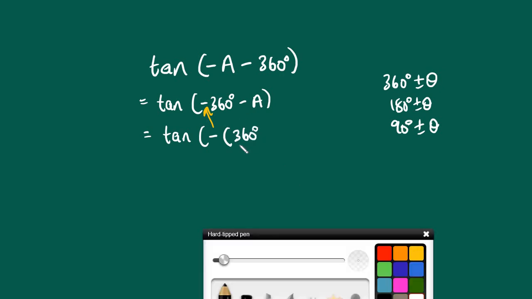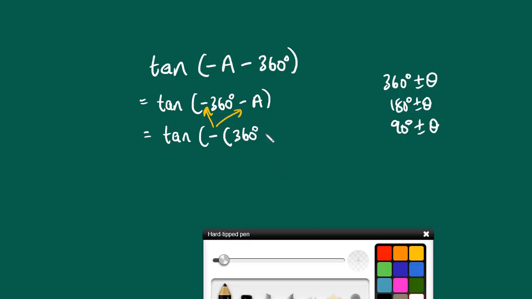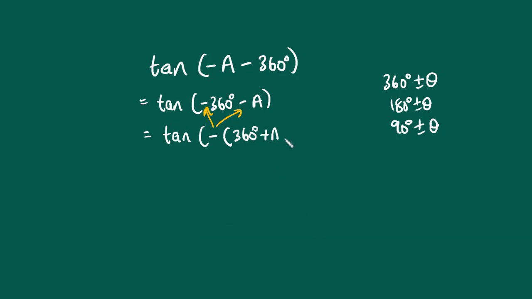Then you say, what is negative times negative? That should be positive, so you have positive a. Great. Then from there, remember this negative is going to go down if you're working with tan and sine. So we're working with tan, so it's going to go down. Then you have tan, and inside there you have that 360 degrees plus a.